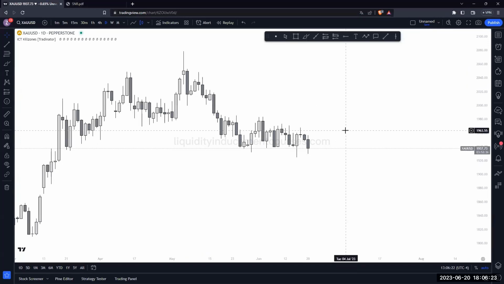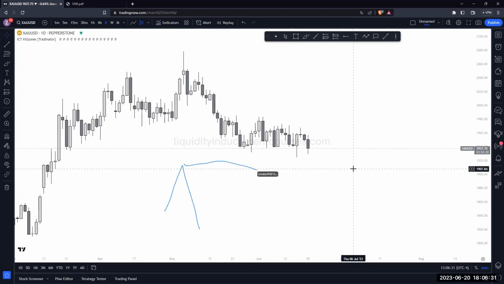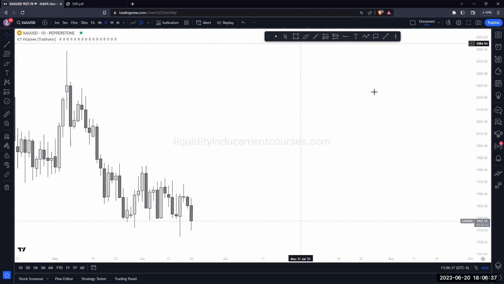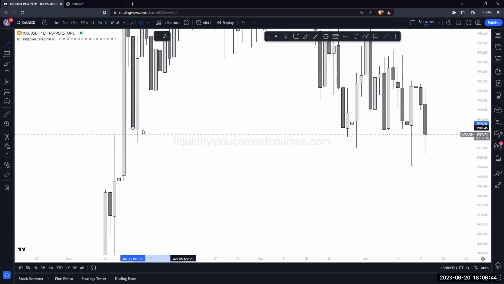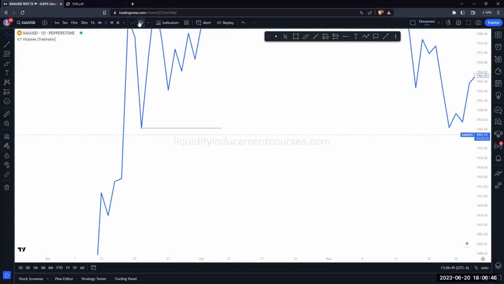So you said the fresh is if you have a wick, right? No. The unfresh is if you have a wick. Check this out. See this level? That's a V, right?